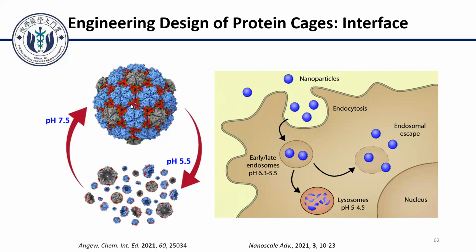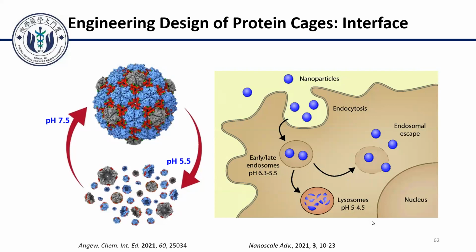So with this loop, you can disassemble this protein cage under pH 5. If we follow the pH change from early endosome to lysosome or late endosome, we can see that they can successfully disassemble in the late endosome. That means you can successfully have endosome escape, and successful endosome escape would result in higher drug bioavailability.